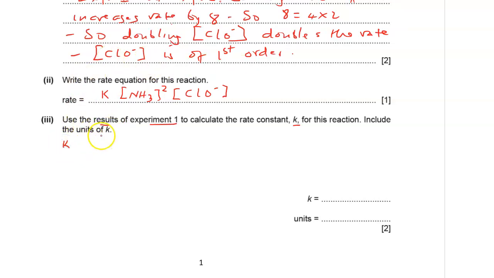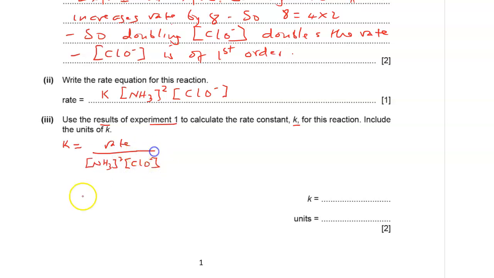If we make k the subject, because you are finding the rate constant, k is equal to rate divided by the concentration of ammonium squared times the concentration of chlorite ion.